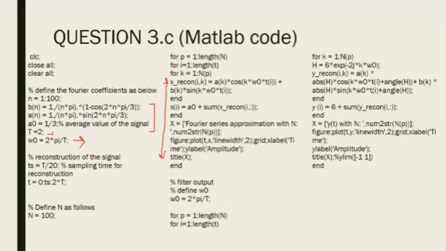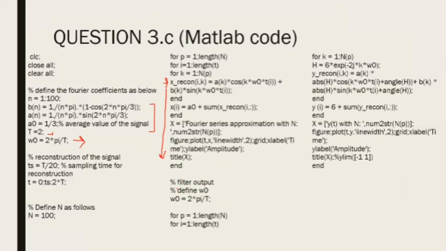This is all the calculation, just like what we need to do. Basically, if we do a by hand calculation, we just move it by using the same formula, and we just assign it as a variable here. So after that, we move to the next part, that is the filter output.